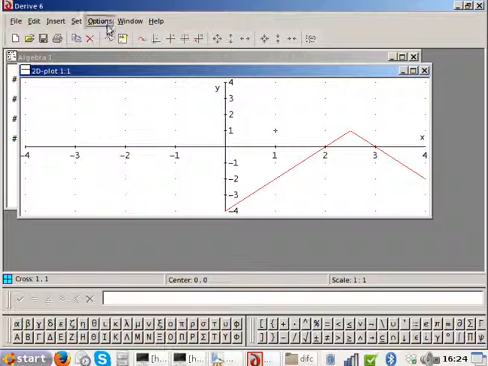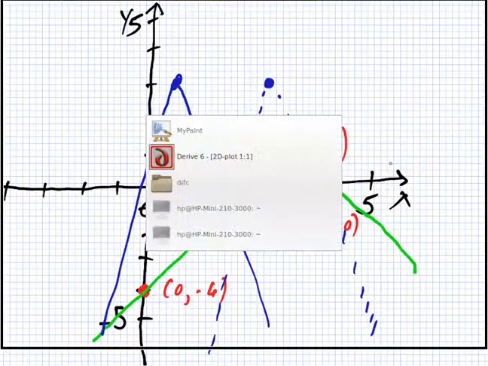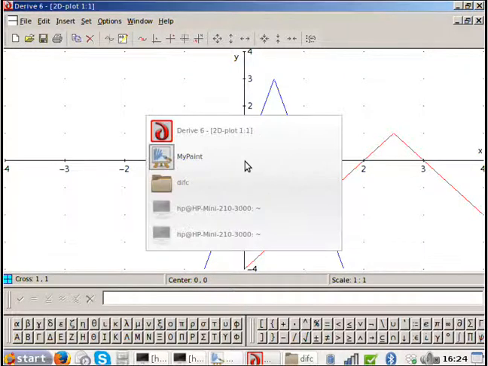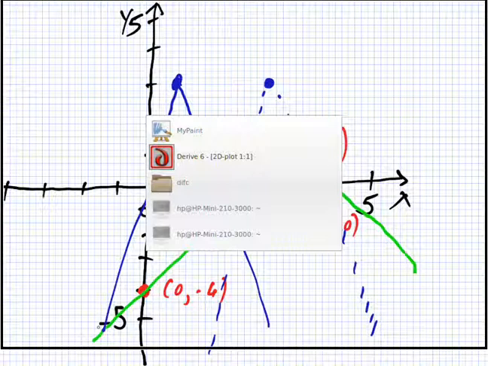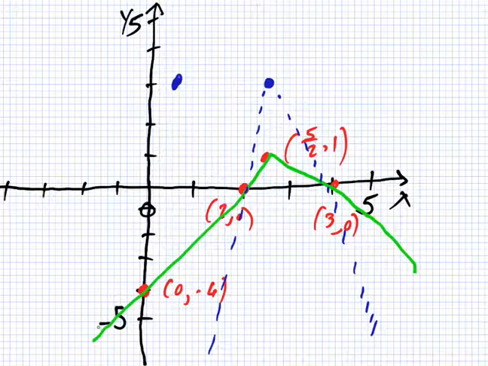Not bad. Oh, it's going through the origin. Oh, of course, because if that's at 2, and if I move it 2 to the left, I should have it down here. So, not too bad. There we go. I can draw this nicer.